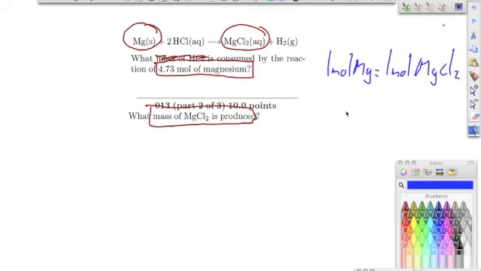Now the one thing here that's different than the problems we worked is it says what mass of MgCl2. Anytime it says mass or grams, we need the molar mass of that. So we need the molar mass of magnesium chloride, which has magnesium and chlorine. We have 1 magnesium and 2 chlorines.